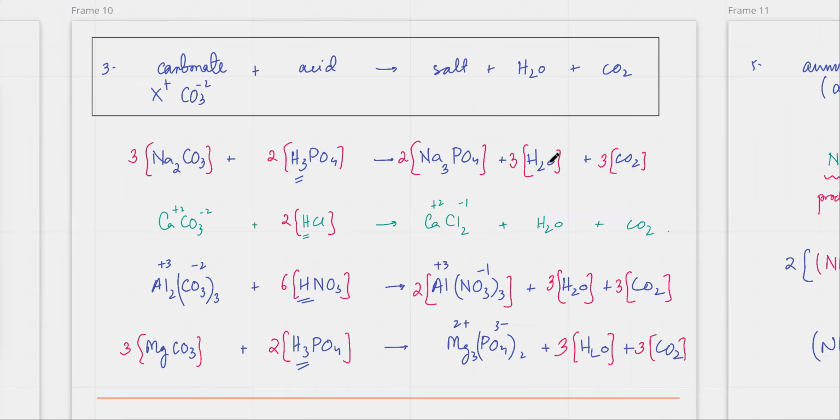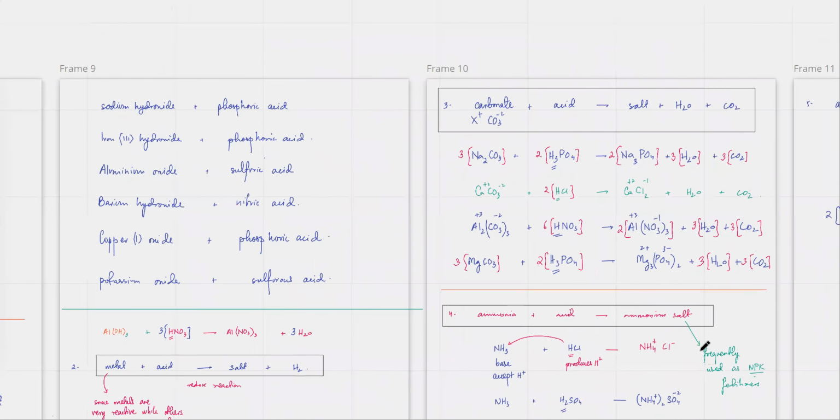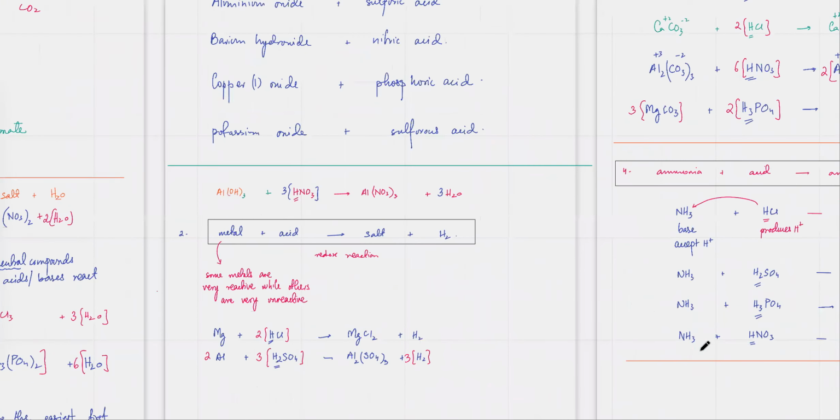The H gains the oxygen to form water. The acid would always lose its H. So whatever is left is the salt: NaPO4, Ca and Cl, Al and NO3, Mg and PO4. Because the acid would release the H+1 and would react with the carbonate. So water and carbon dioxide would be produced. So whatever is left is the salt.